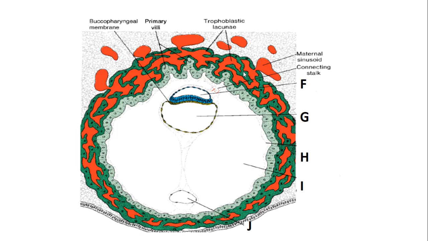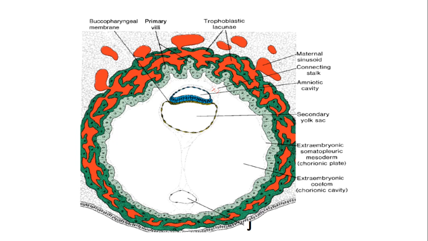And then F is just the amniotic cavity from the epiblast, and then you have G, which is the secondary yolk sac. We had the primitive yolk sac, and here you can label it as the secondary yolk sac. Then H is simply the extra embryonic somatopleural mesoderm, which is just the chorionic plate.